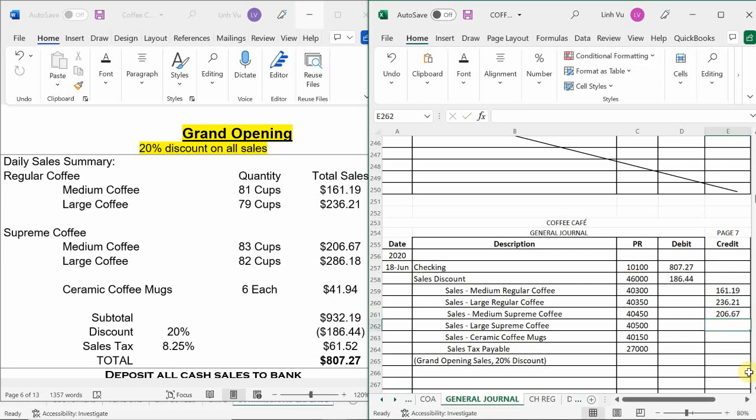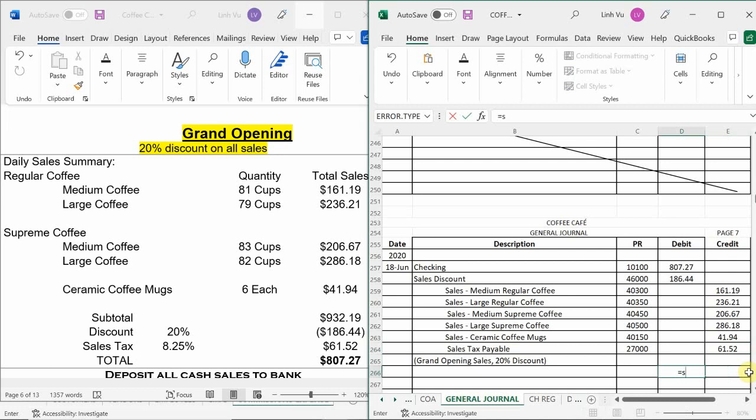My large supreme coffee? Ceramic coffee mugs? 41.94. And last but not least, my sales tax. 61.52.